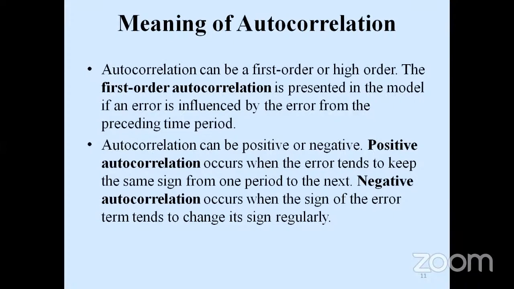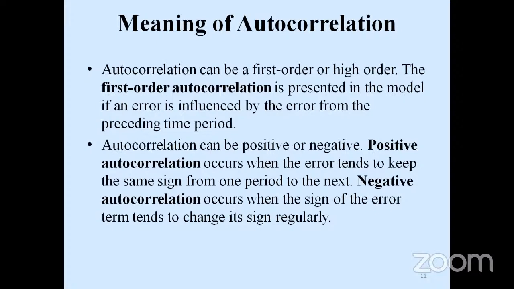Positive autocorrelation occurs when the error tends to keep the same sign from one period to the next. Negative autocorrelation occurs when the error terms tend to change their sign regularly.